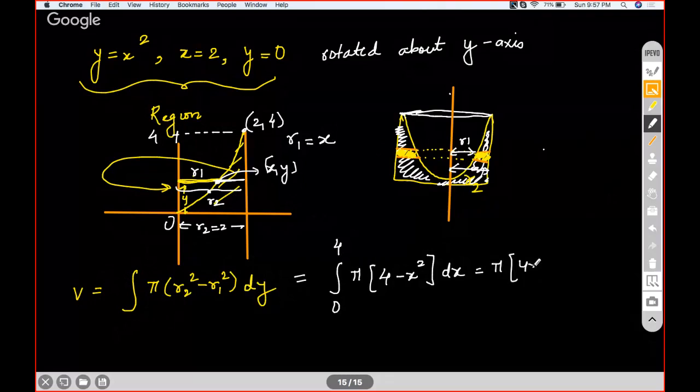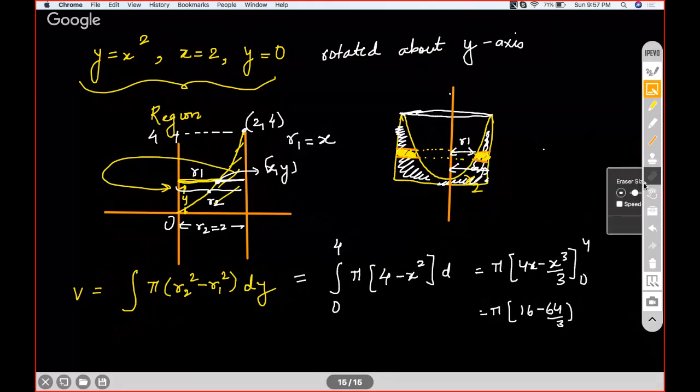I got a negative. So it'll be 64. Okay. So it'll be 16. Get a negative. Oh my god, wait. I have to integrate with respect to y, right? Why am I writing in terms of x?